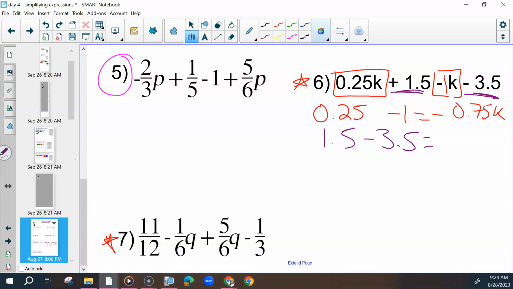What would that give us? Negative 2. So then we would rewrite this as negative 0.75k minus 2. That would be your final answer. Questions on that one?